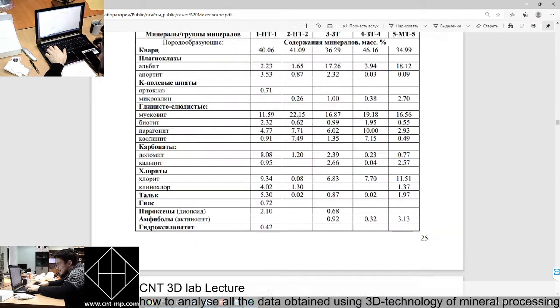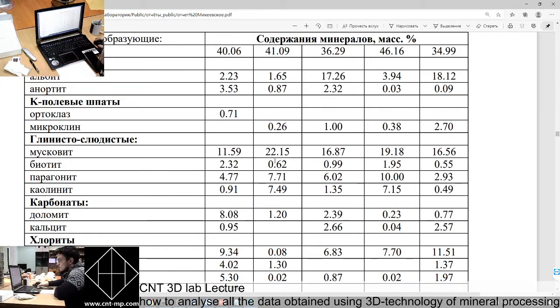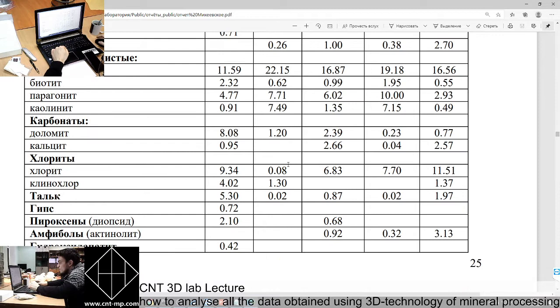When we see the content is less than 1%, we can simply reject such contents because they are not representative.